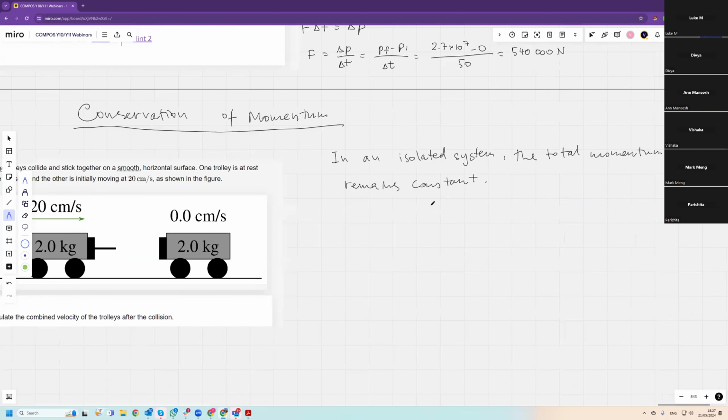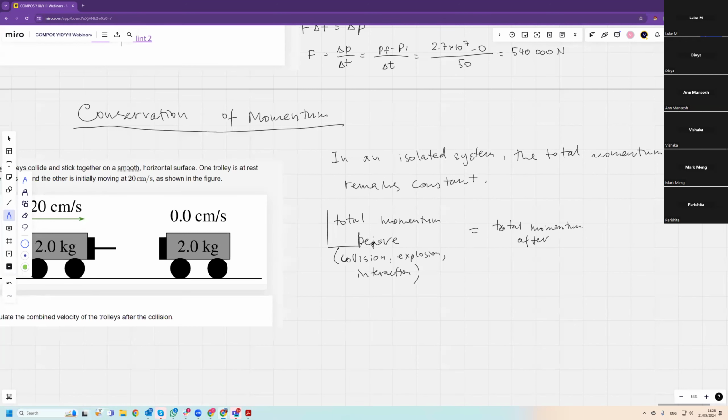What does that mean? Well, that means that the total momentum before an event, usually a collision, explosion, or interaction, is equal to the total momentum after the collision, explosion, interaction, whatever that is.